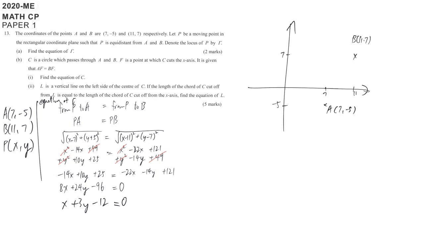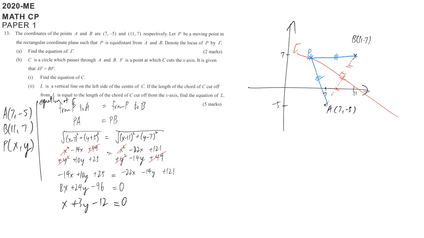There is another method to find the equation of line L. Whenever we say P is equal distance, basically we are talking about the perpendicular bisector of line AB, such that whenever there is some point P, then PA and PB have the same length.